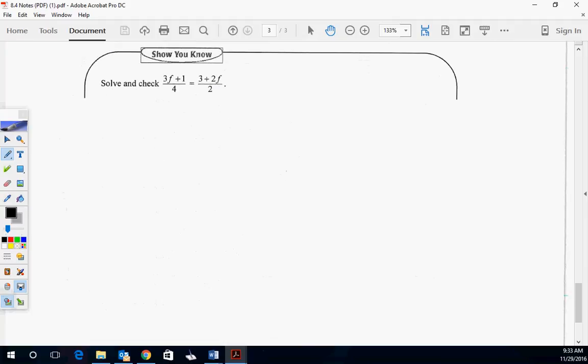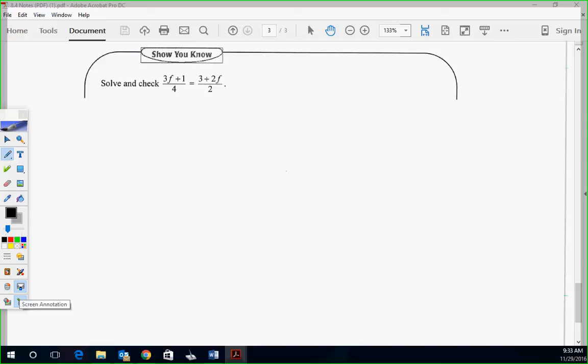Okay, so on the Show You Know down here, this is the one that I think might help with some clarity of when to cross multiply. It's best to cross multiply when you have it set up in the form of a fraction equals a fraction. Because again, we don't like fractions. We want to get rid of fractions. So this is a fraction equals a fraction with variables on top of both.